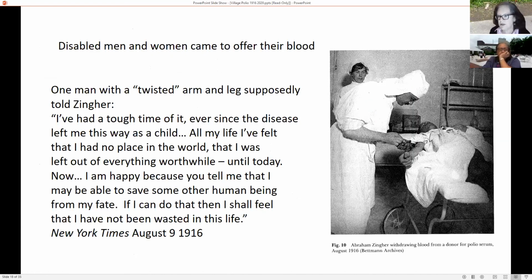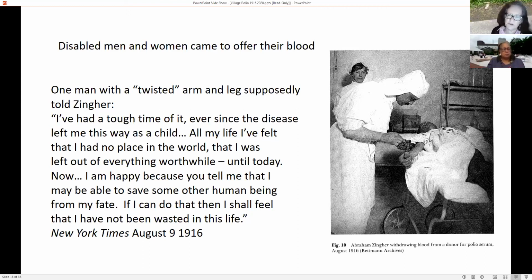Here you see one of the public health physicians withdrawing blood from a donor in order to have the blood made into polio serum. And you also see some of the donors interviewed in the newspaper.